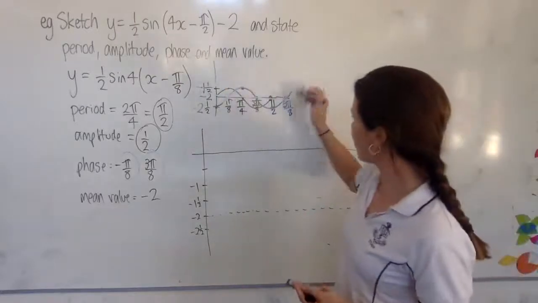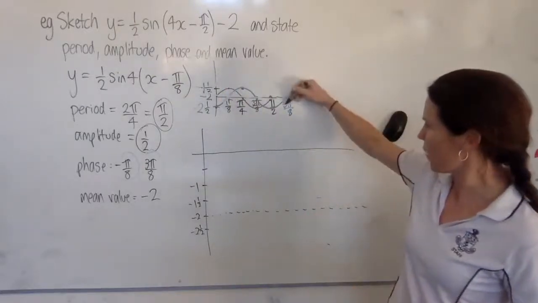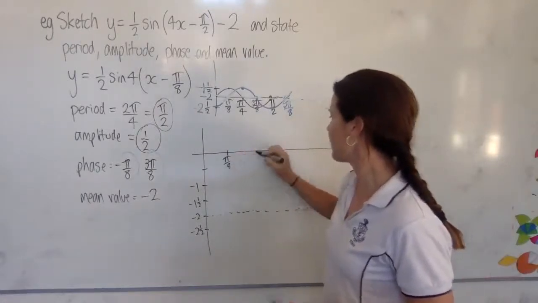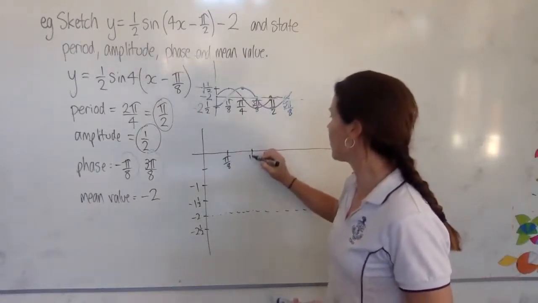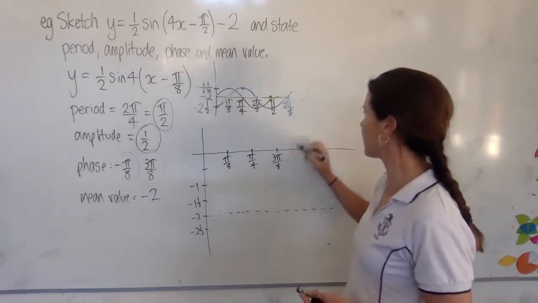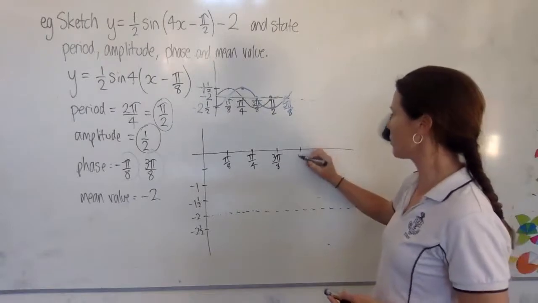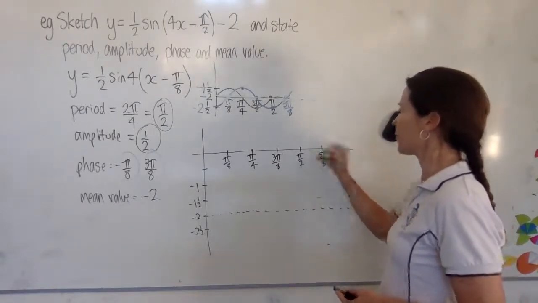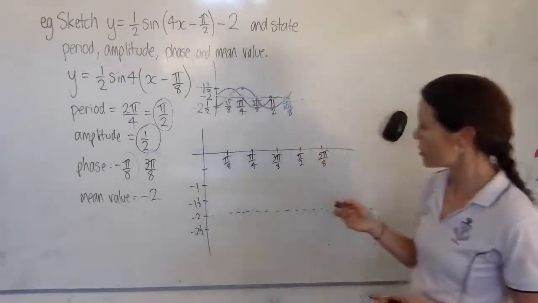Alright, going this way, I'm going to build my graph all the way to 5 pi on 8. So if I say this is pi on 8, and pi on 4, 3 pi on 8, pi on 2, and 5 pi on 8, I've now got those 5 points that I've already considered.